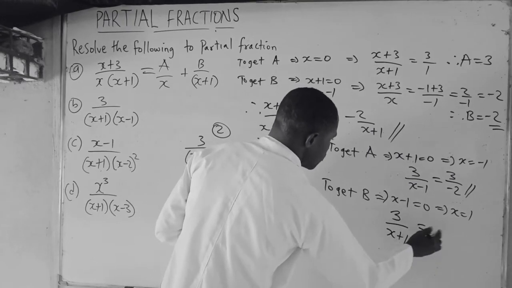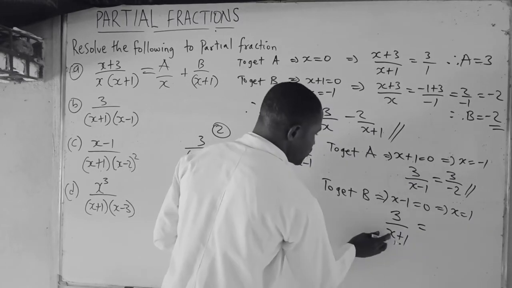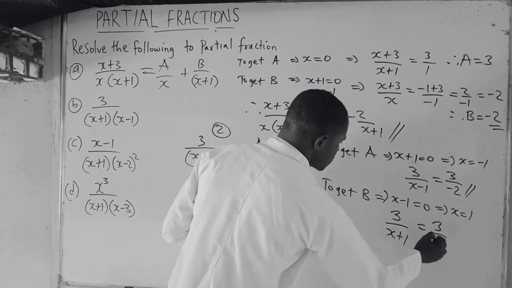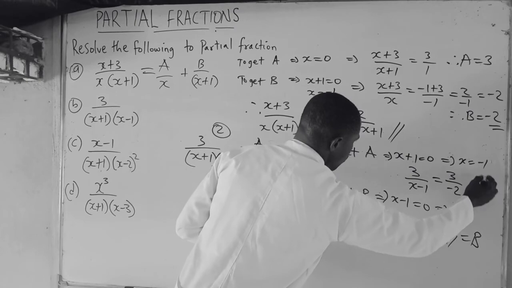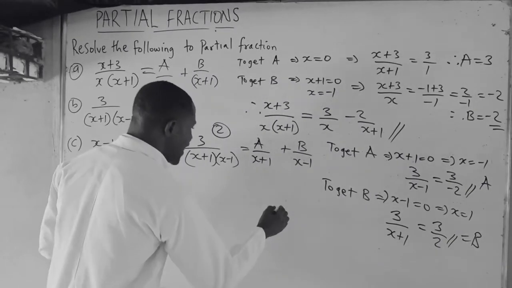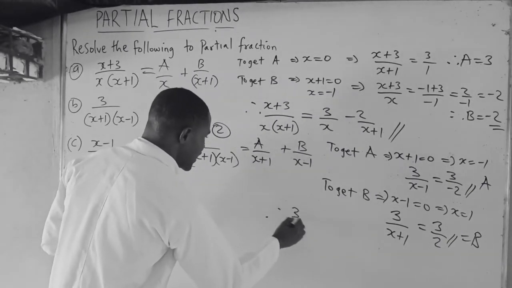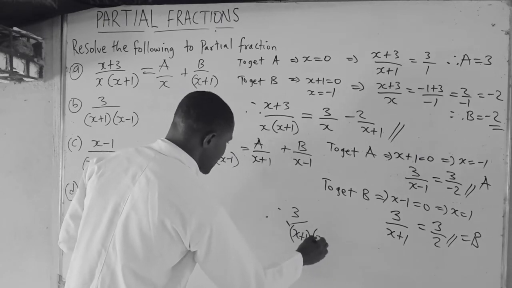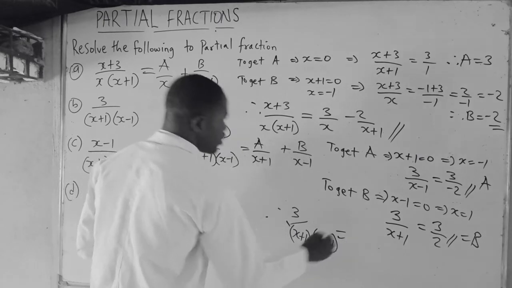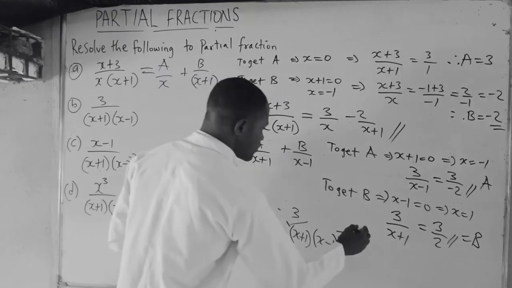Then that will give you, as s equal to 1, put it here: 3 over 1 plus 1, which is 3 over 2, equal to b. This is equal to a. So we say the final answer of 3 over (s plus 1)(s minus 1) will give us, what is our a?